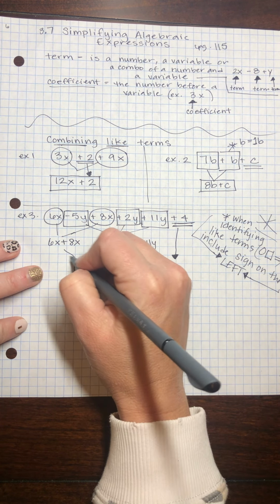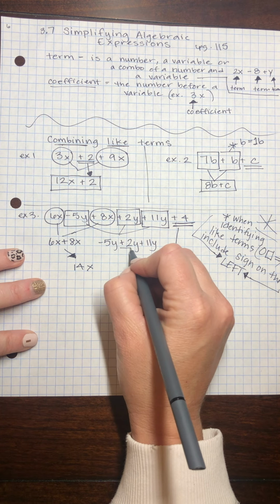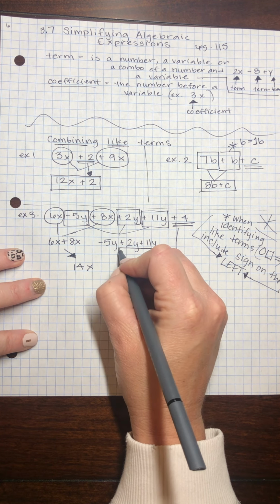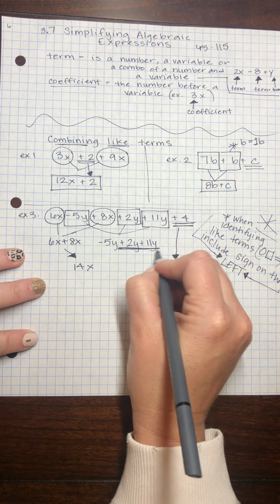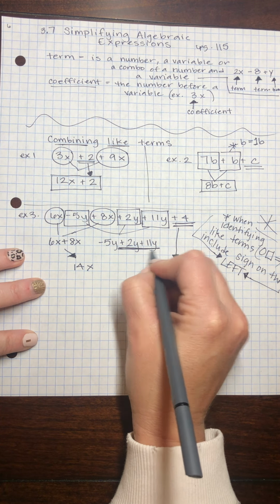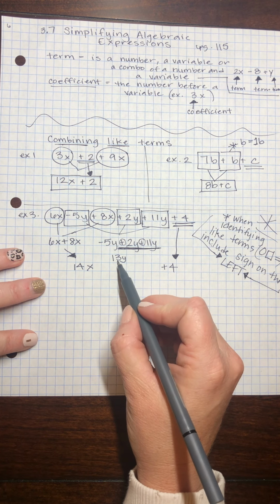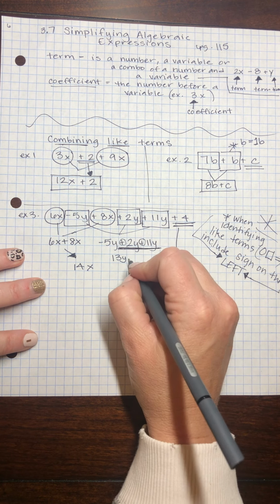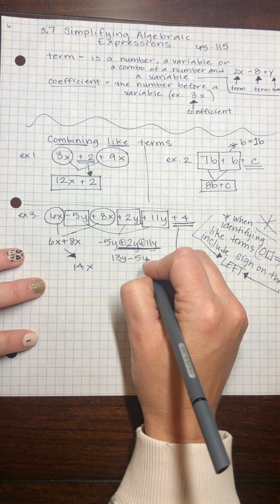Here, I'm going to do this in two steps. So first, I'm going to combine, you know how I like to underline when I do more than one thing at a time? So I'm going to underline 2 and 11 because they're both positive. So 2 plus 11 is 13 y's. And then minus 5y, now I can make sure that I've done the subtraction part.